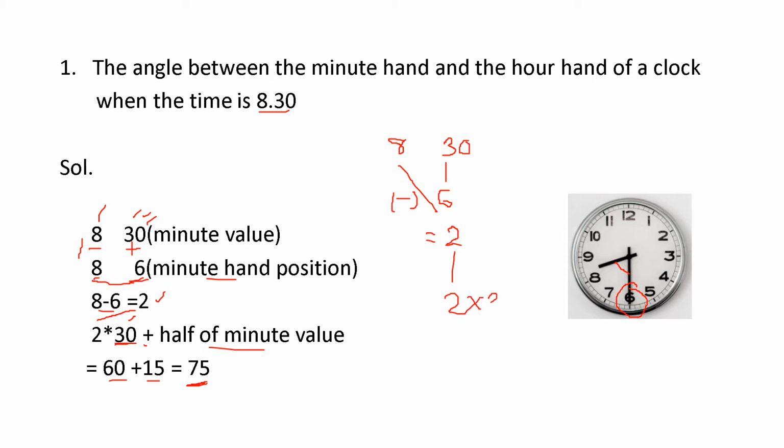Always you have to multiply the value by 30, plus half of the minute value. The minute value is 30, so half is 15. So 2 into 30, 60 plus 15. So the answer is 75.